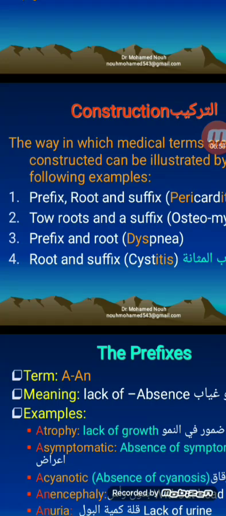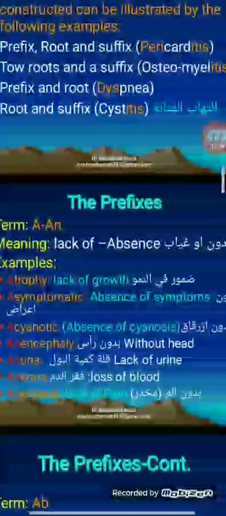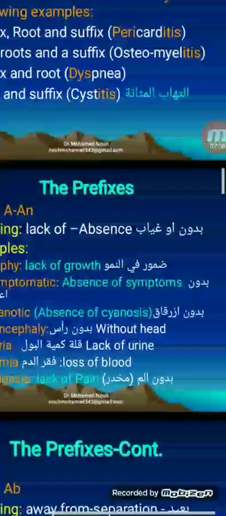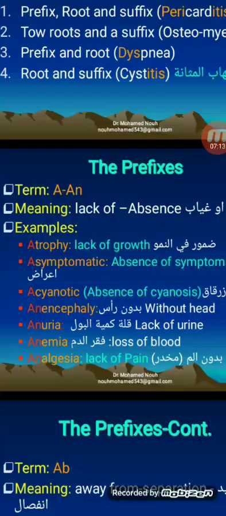Root and suffix. The prefix a means lack or absence. Atrophy, lack of growth. Trophic means growth. Atrophy means lack of or absence. Asymptomatic, absence of symptoms.